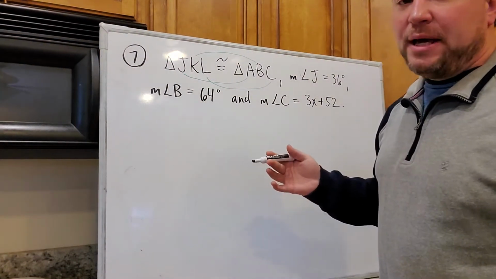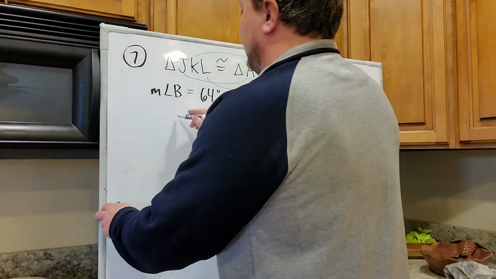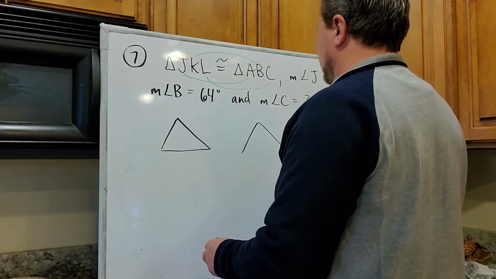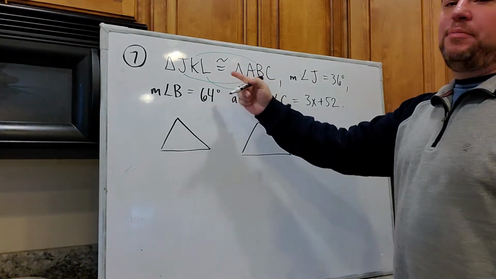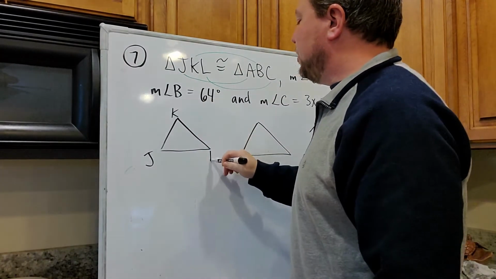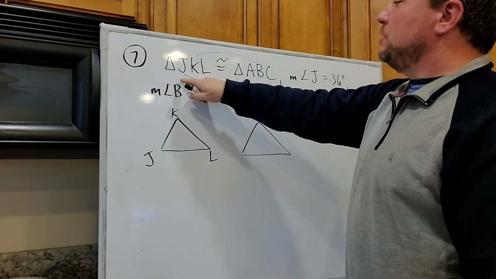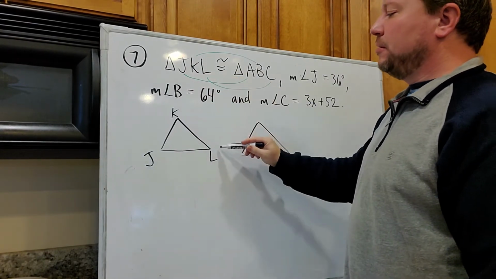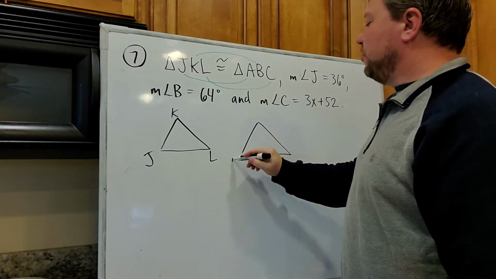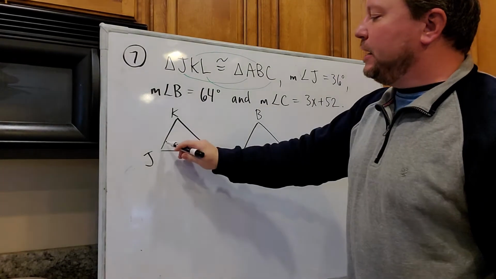All right, so sometimes it might help to make a picture. You know, they aren't going to provide one for you here. But if you were to make your own picture, try to reflect what they said up here. Okay, so if I call this, for example, JKL. See how I went up and over the triangle? JKL in that order. Well, then over here I gotta do the same thing. I want to make a matching triangle over here, ABC, so that all my corresponding angles match.